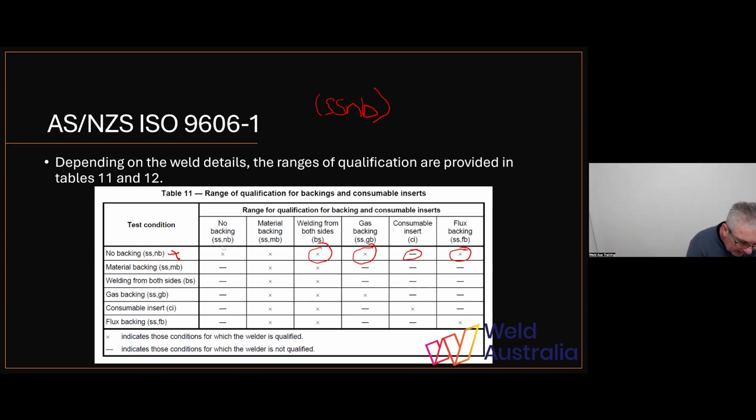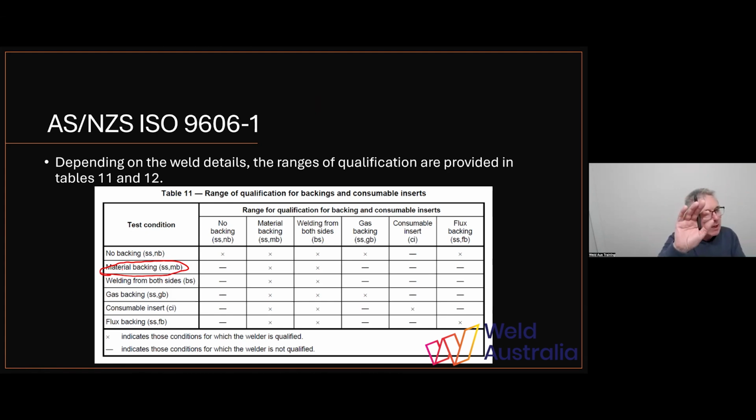Now, if we look at the second run, it was done with material backing, because the first run is the material backing. So now the second run comes under this category here. What is the range of qualification now for that second run? Because it's a multi-process, we'll have one range of qualification for one process, and another range of qualification for the other process.